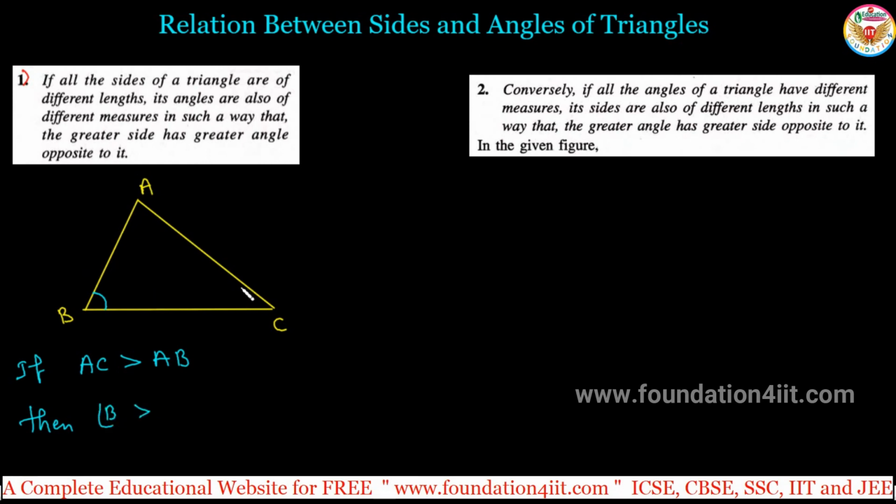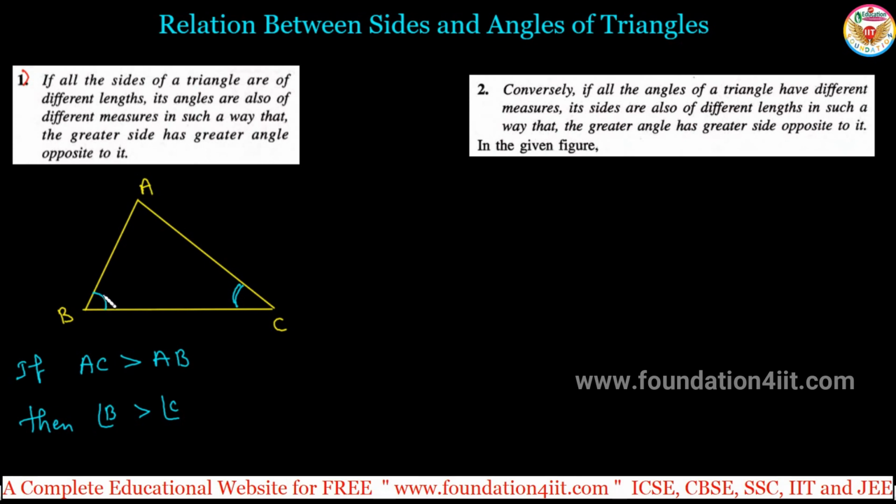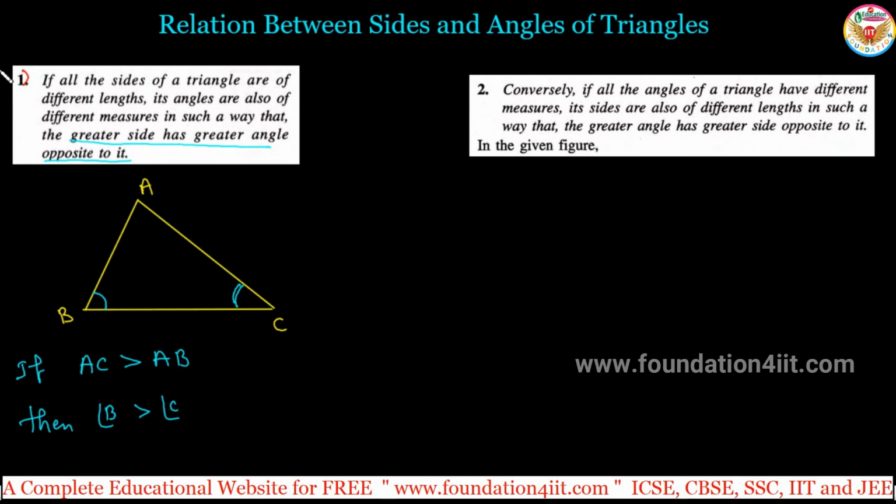For AB, the opposite angle is C. If AC is greater than AB, then the angle opposite AC is greater than the angle opposite the smaller side. Greater side has greater angle opposite to it. Clear?